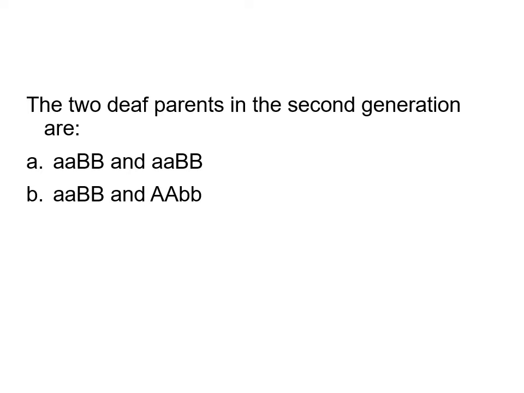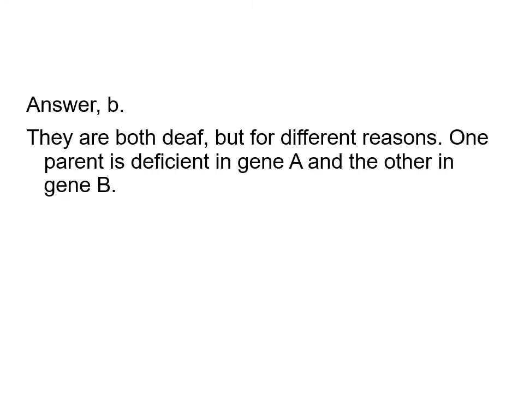Well, the answer is B, clearly, that the wife was recessive for one mutation which was required for normal hearing, and the husband had the mutation in a different gene. So they're both deaf, but for different reasons.